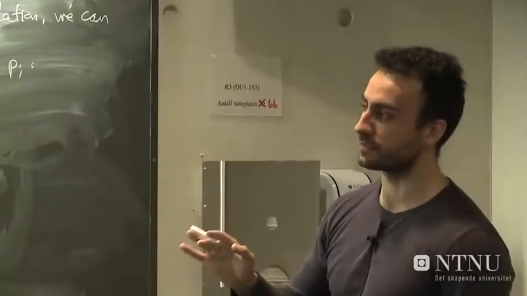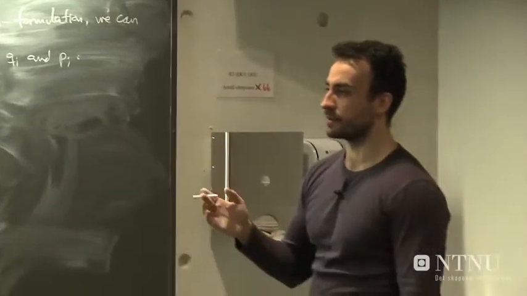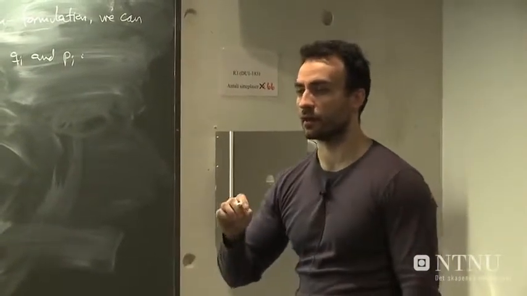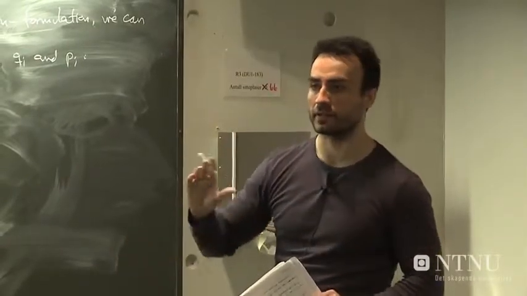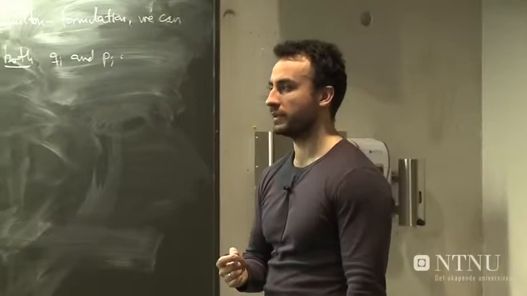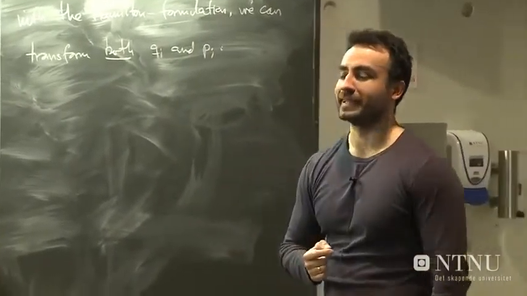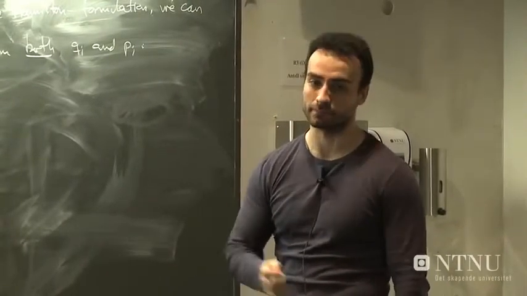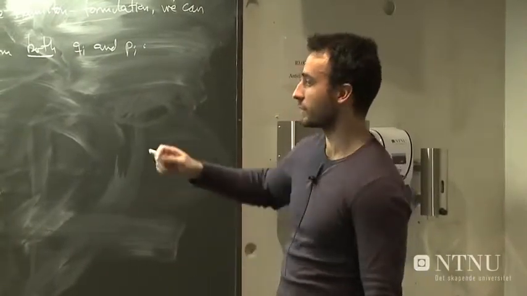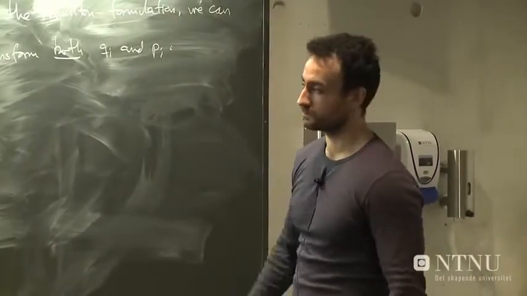So keep in mind that in the Hamilton formulation, the q's and p's here are treated as independent, but what's the word? Equal, yeah. They're considered on equal footing as coordinates. So in principle, we should be able to transform both q and p.